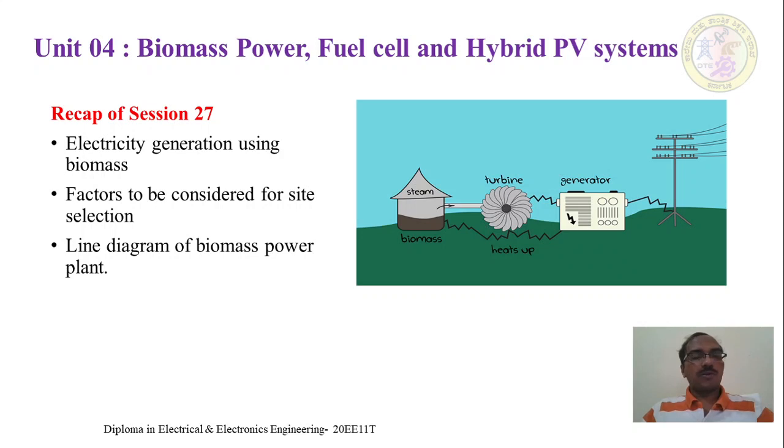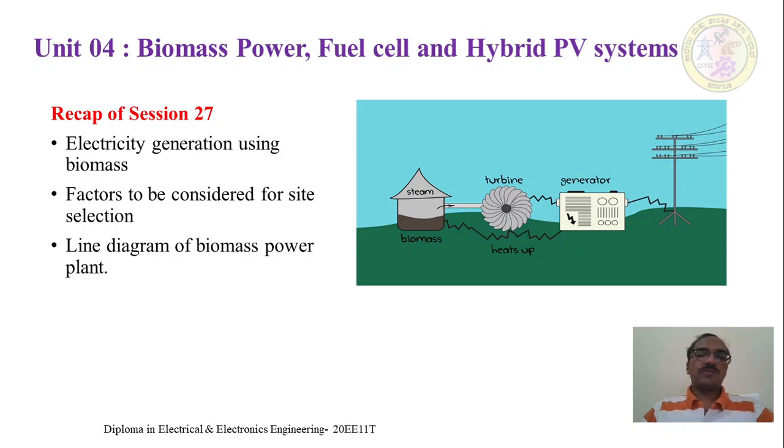It should be nearer to the load center so that the losses in the transmission lines can be reduced, and it should be away from the populated locality, so that the pollution caused will not affect it.